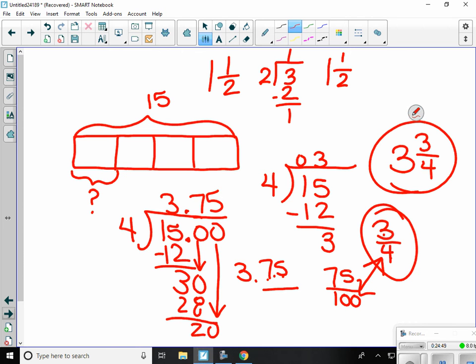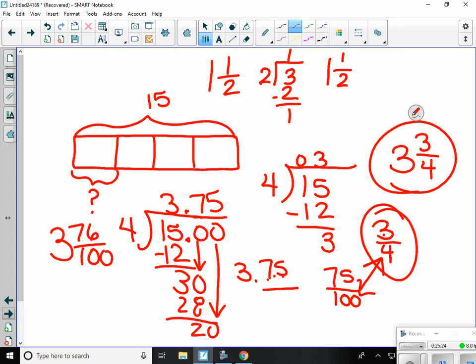So, if you have 3 and 76 hundredths, how do you put that? That's what I was doing. How you say it as a decimal is how you write it as a fraction. 76 hundredths. How you say it is how you write it.